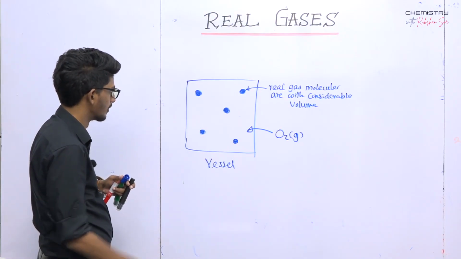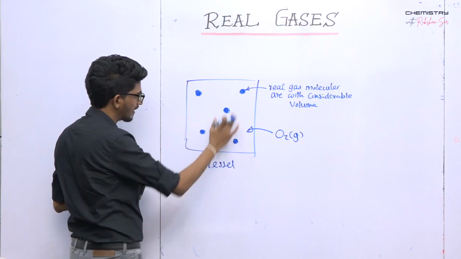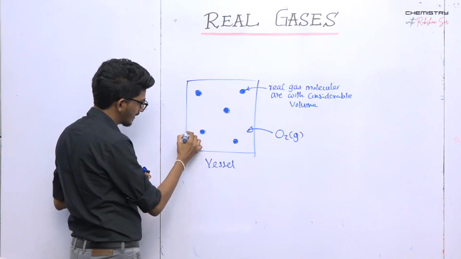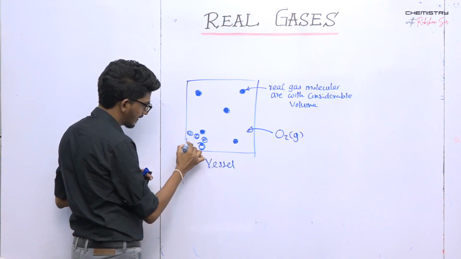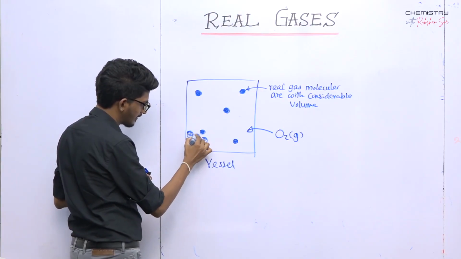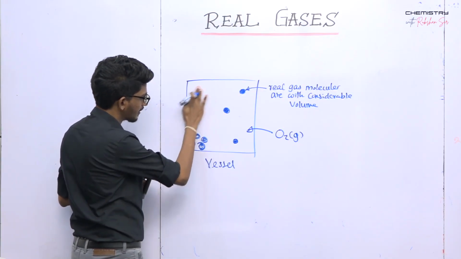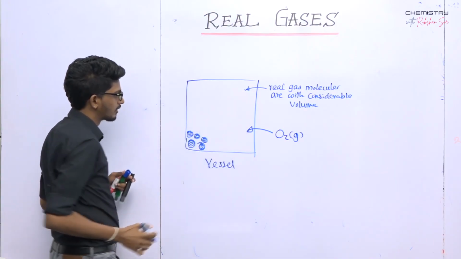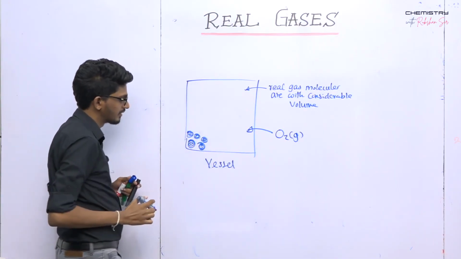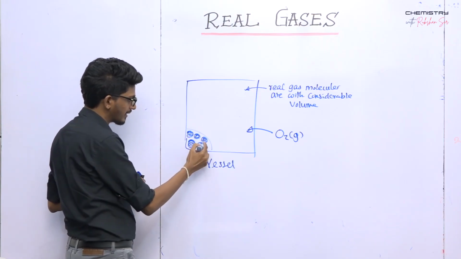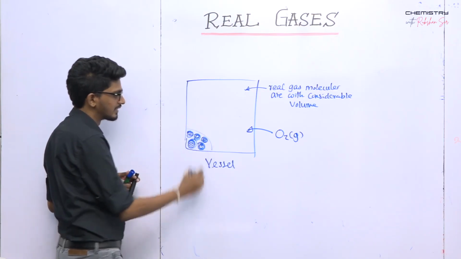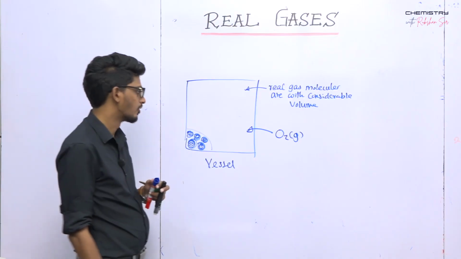If you take all of these molecules to a corner, those 5 molecules will take this kind of space. Compared to the volume of the vessel, you can't neglect this volume occupied by the real gas molecules, as they have a volume.